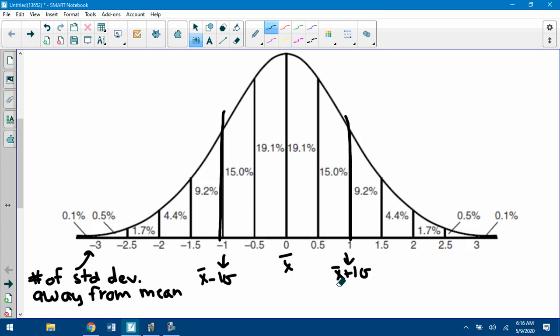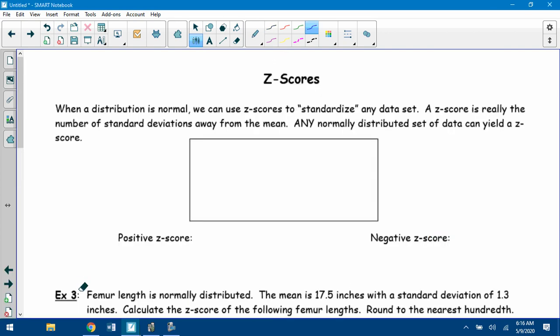In the last example, this 67.39 number that was one standard deviation above, I could use the z-score formula I'm about to show you to get 1, so that I know where to look on the chart. Basically, you're solving for the standard deviation part of it. A z-score is equal to the observed data minus the mean, divided by the standard deviation.